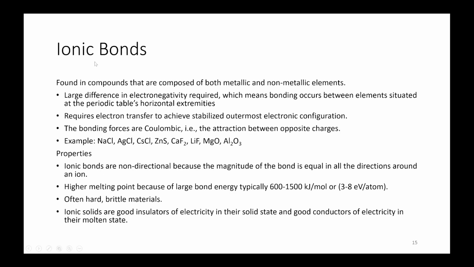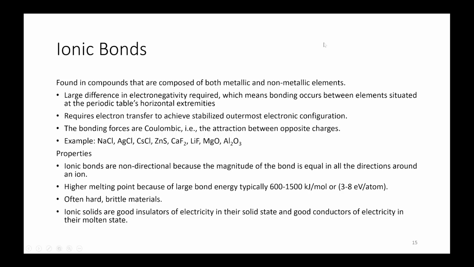Now first is ionic bonding. It is found in compounds that are composed of both metallic and non-metallic elements. So half part of a compound will be metallic and half part will be non-metallic. There will be a large difference in electronegativity required, which means bonding occurs between elements situated at the periodic table's horizontal extremities, and it requires electron transfer to achieve a stabilized outermost electronic configuration.